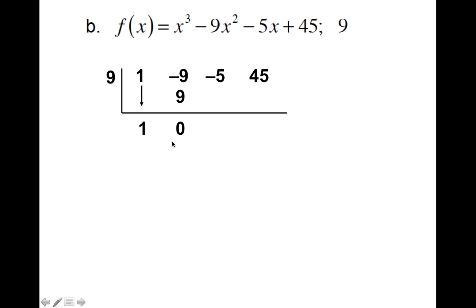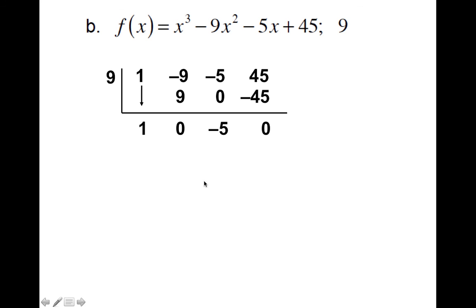Multiply 9 times 0 is 0. -5 plus 0 is -5. 9 times -5 is -45. And 45 plus a -45 does leave us with a remainder of 0.